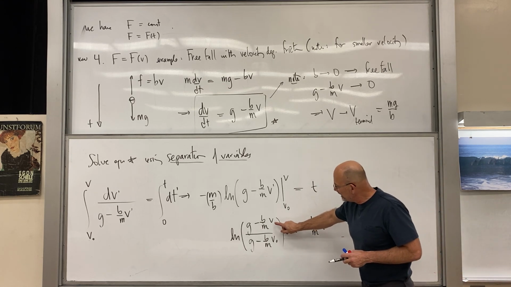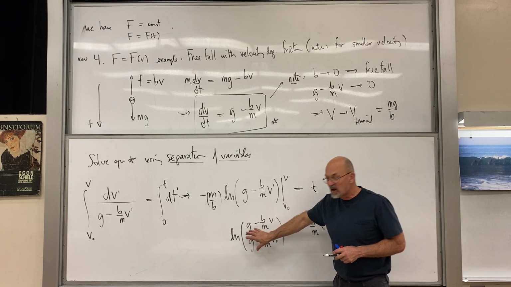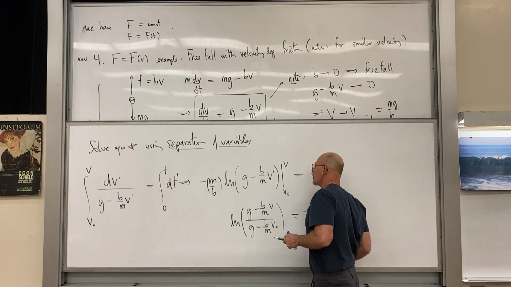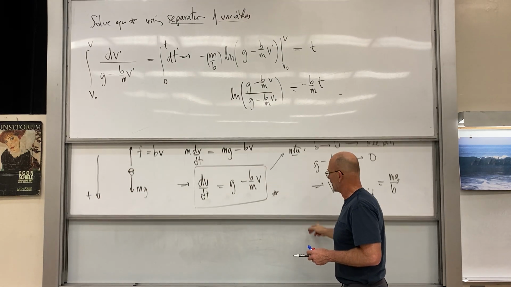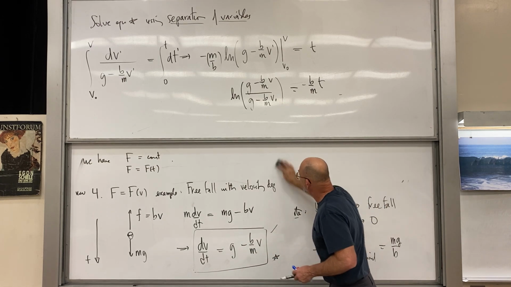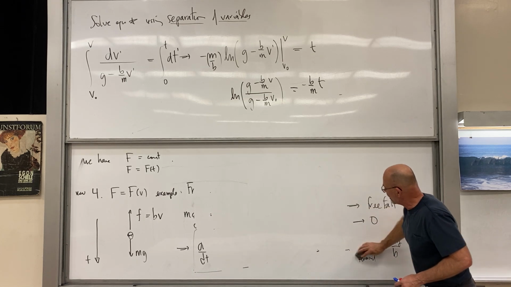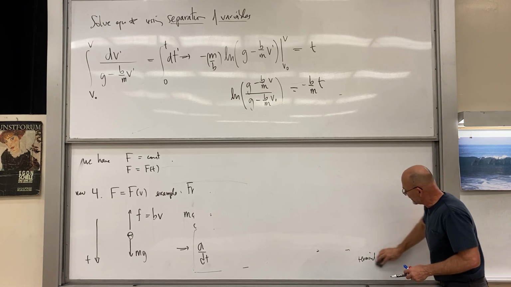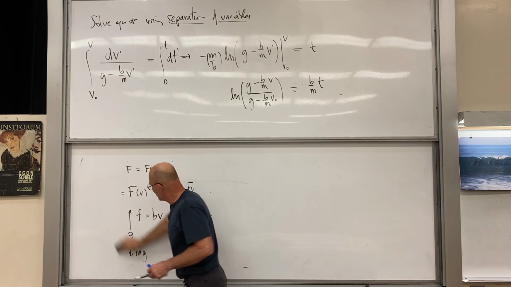Now it's always good to be in this form right here, because the argument of the log is dimensionless. I'm going to do one more step on this. So as long as we're keeping the argument dimensionless, we can do some of our algebra inside the argument there, rather than later.